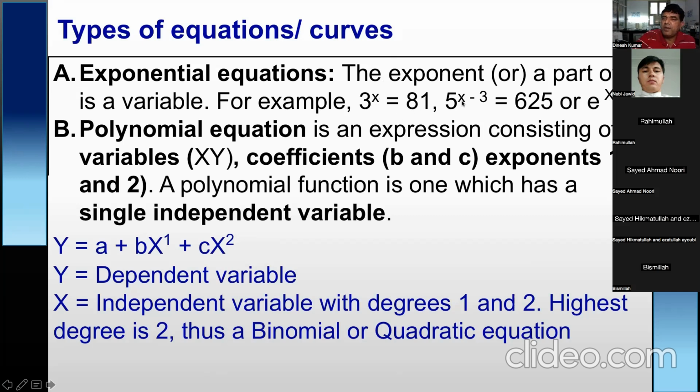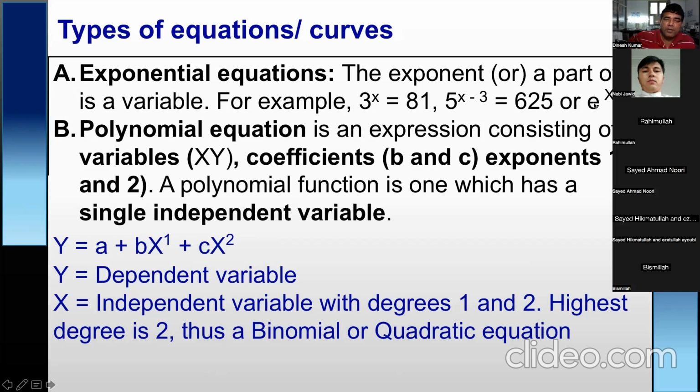Similarly, 5 power x minus 3. These are exponential equations. Or you can simply say e power x, or e power minus x, or e power minus 1 by 2x. Wherever the variable is the exponent or power, it is called an exponential equation.